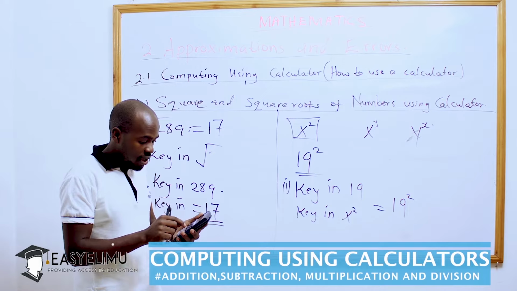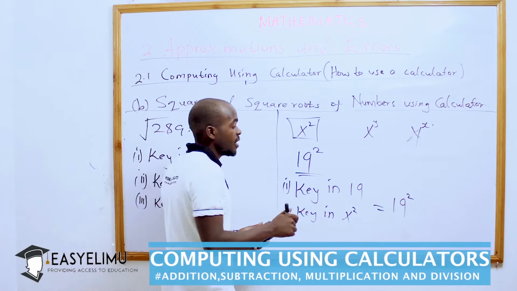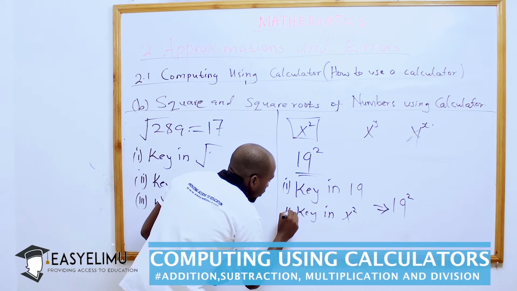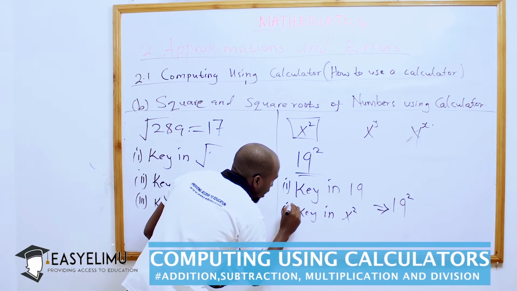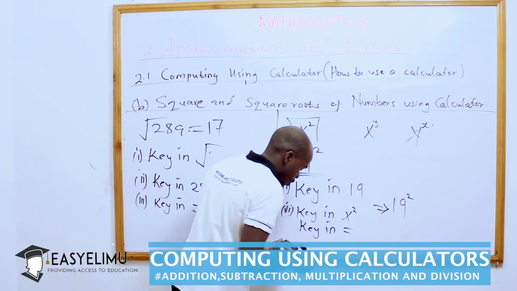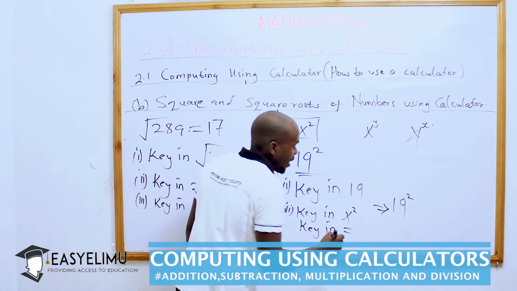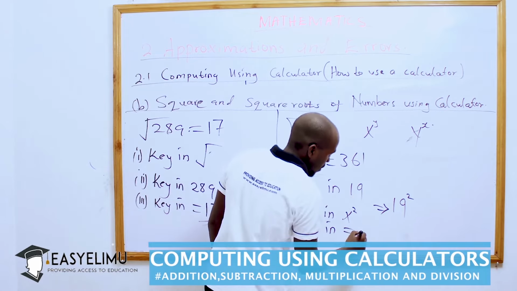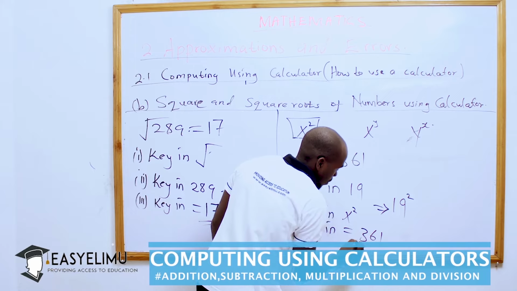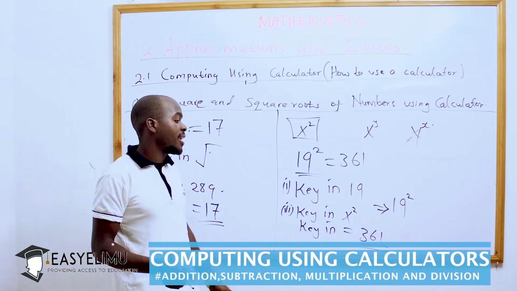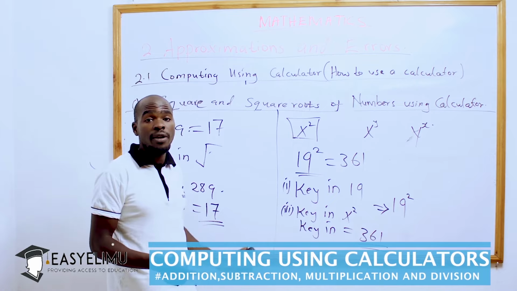The final thing you should do is key in the equal sign, and you will find it displays on the screen 361. The screen displays 361, and that means it is the square of 19.